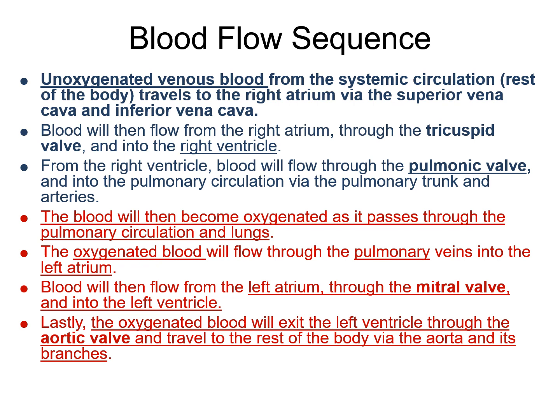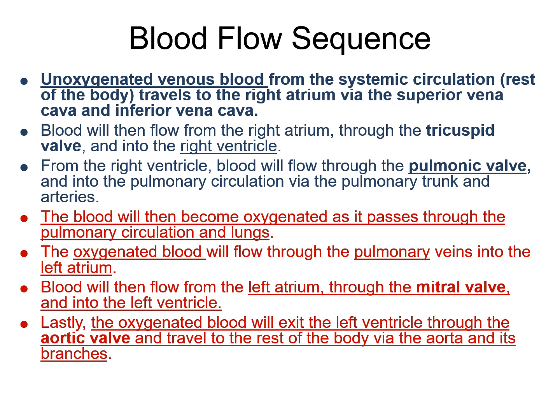Okay, so that's your unoxygenated blood, still unoxygenated at this point. But from there, when it gets into the pulmonary trunk and the arteries, it becomes oxygenated. So the blood becomes oxygenated as it passes through the pulmonary circulation and into the lungs. The oxygenated blood will flow through the pulmonary veins into the left atrium.